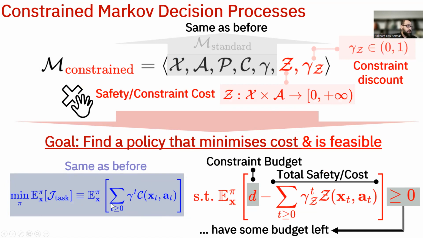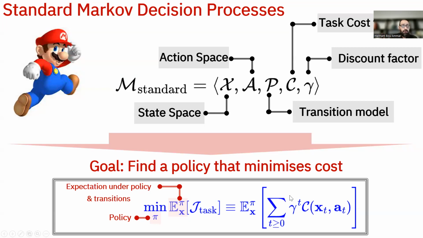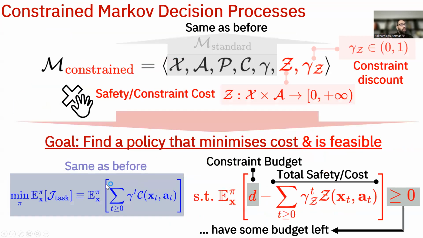So this part is the same as before. I want to find the policy that will minimize my total cost. If you look at this equation and this equation, they're the same thing. So I still look for the good policy, but now I additionally have a set of constraint costs that I would like to meet. So I want to meet the constraint cost and also find the policy that minimizes my standard cost function.